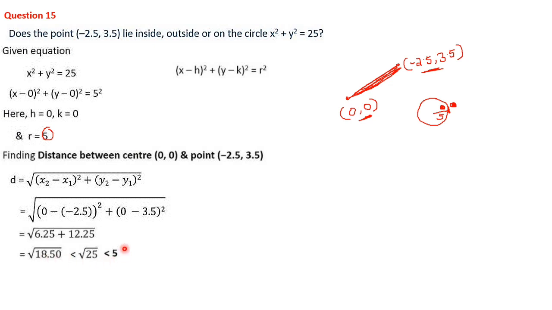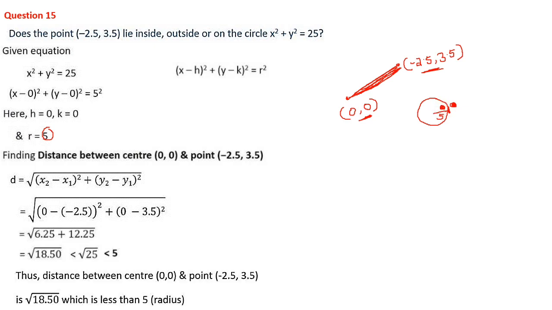If it is less than 5, where 5 is our radius, clearly the point will be inside the circle. So we can go to the conclusion. The distance between the center (0, 0) and the point (-2.5, 3.5) is less than 5, that is our radius. Because of that, we can say that the point lies inside the circle.